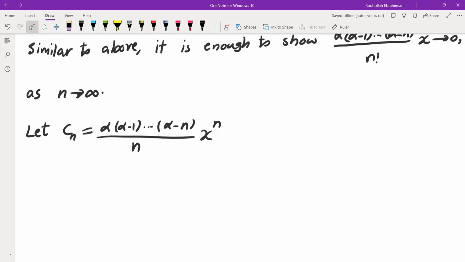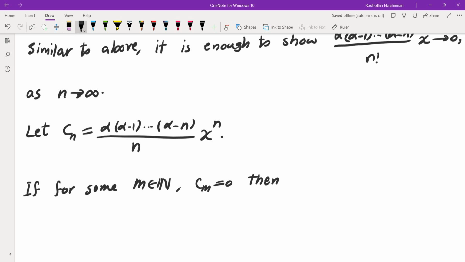So first of all, if the terms of this sequence aren't 0, then I can apply the ratio lemma for sequences. So let's take care of the case when at least one of the coefficients is 0. If for some m, Cm is 0, then either x is 0 or alpha is a non-negative integer.